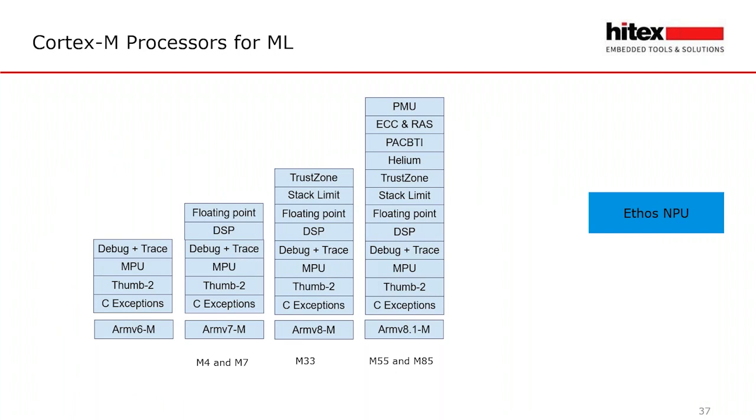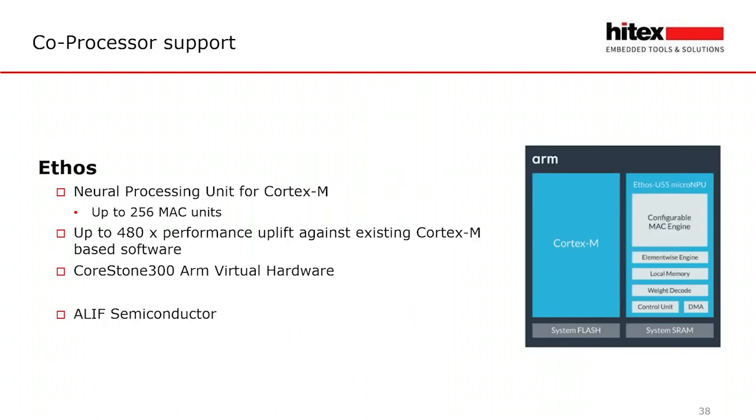As I mentioned, the Ethos NPU is just about coming available in small microcontrollers, and it adds a massive performance boost to our machine learning algorithms. Effectively, it sits alongside any of the Cortex-M processors, not just the newer ARMv8, but any of the original ARMv7.